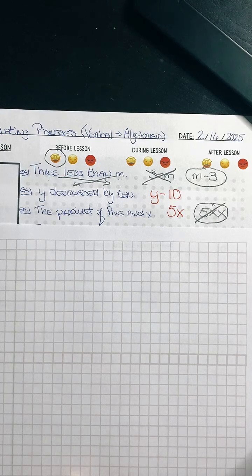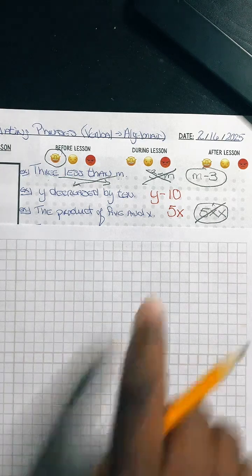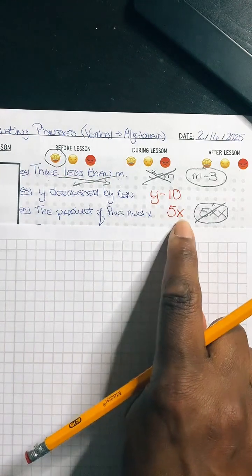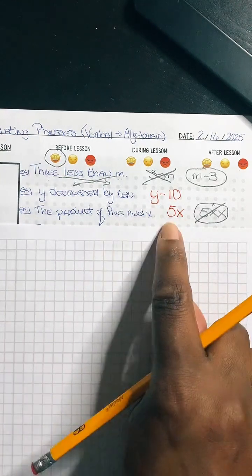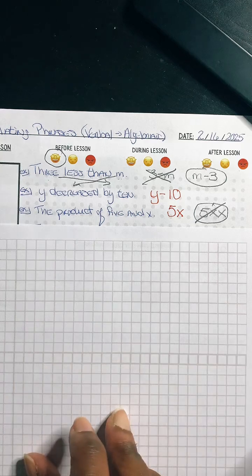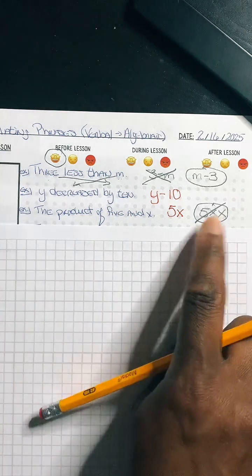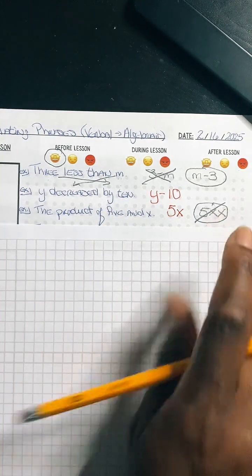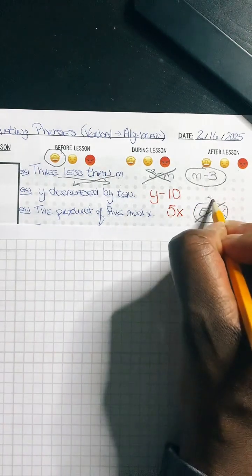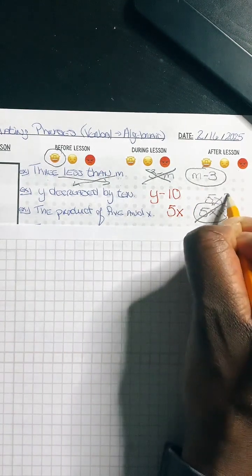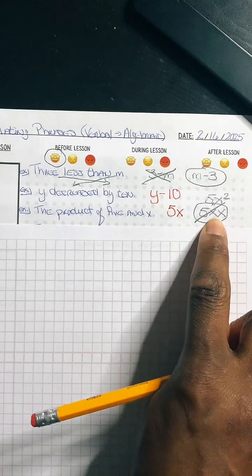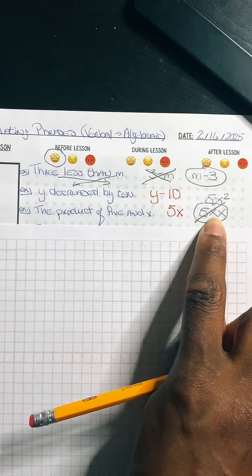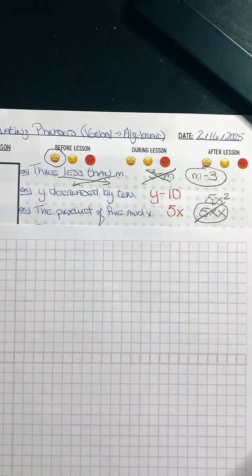Just get it out of our heads. So 5x means 5 times x, the product of 5 and x. We cannot do double x's because that is telling me 5x squared. So x no longer represents multiplication.